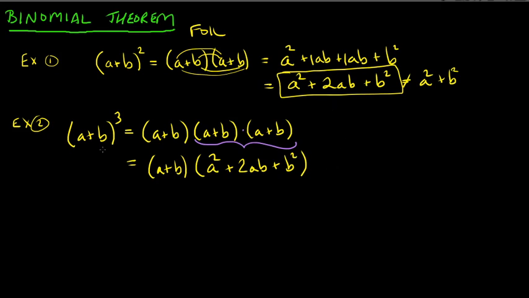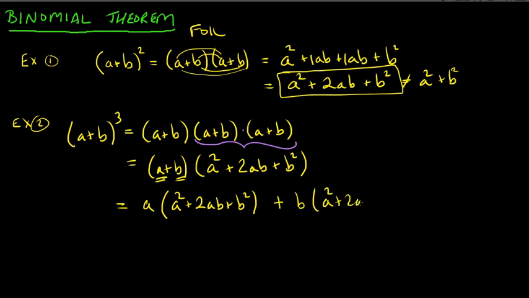Now, the problem is we have to do it again, and we can't even use FOIL this time. The way I think of this is I'm going to multiply the a here times the entire second factor, a squared plus 2ab plus b squared, and then do the same thing with the b. So plus b times (a squared plus 2ab plus b squared). Now just distribute the a.